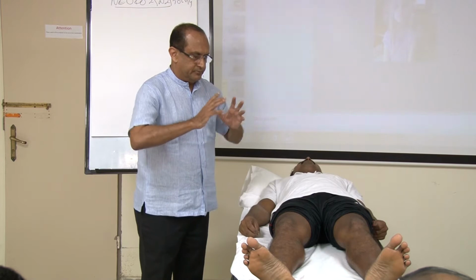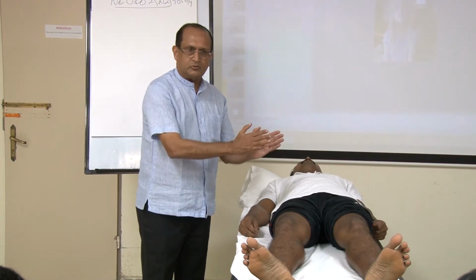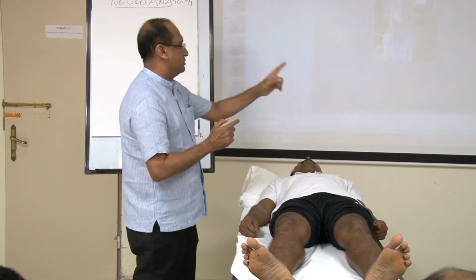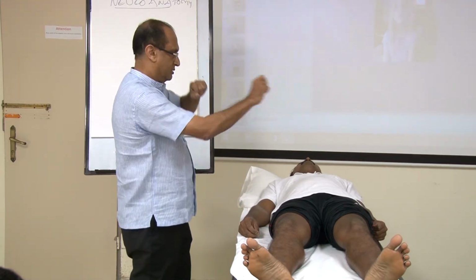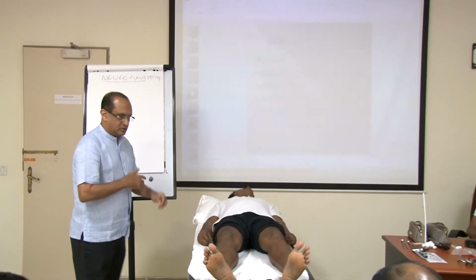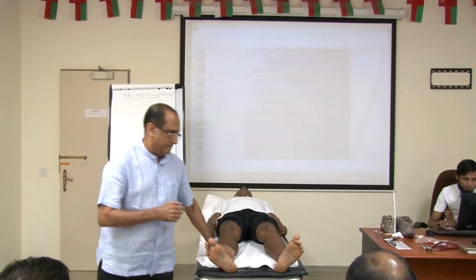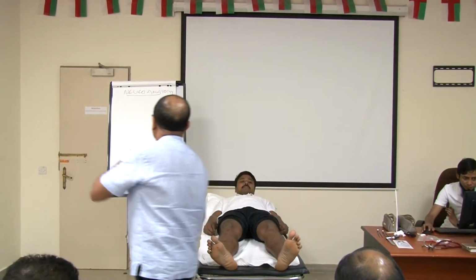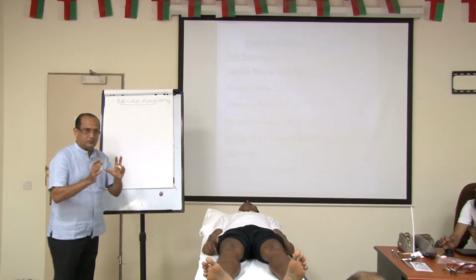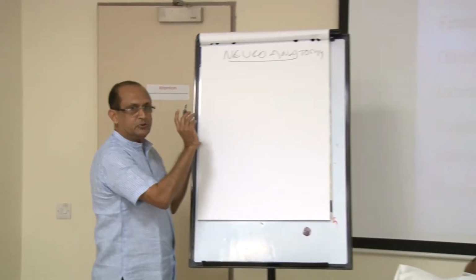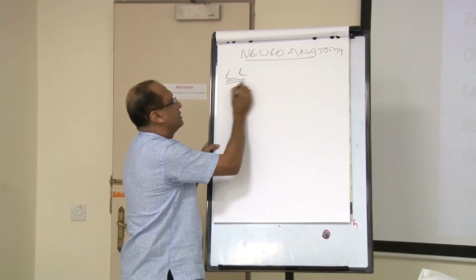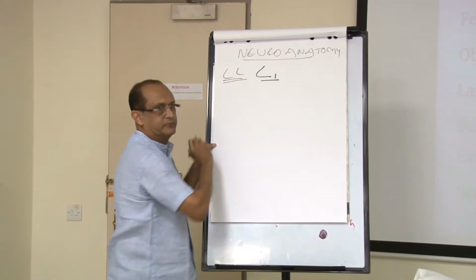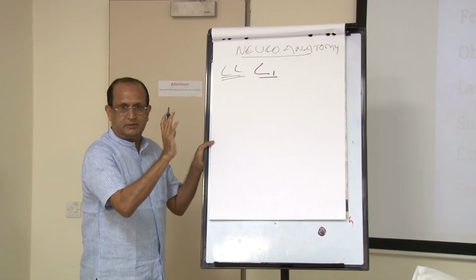Now, coming to the neurology of the lower limb, a little bit of knowledge of the nerves of the lower limb is needed. As all of you know, the highest nerve root supplying the lower limb is L1.